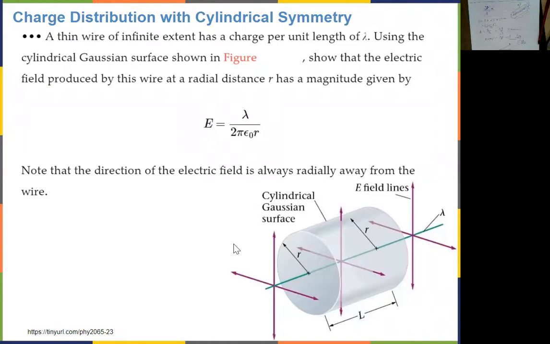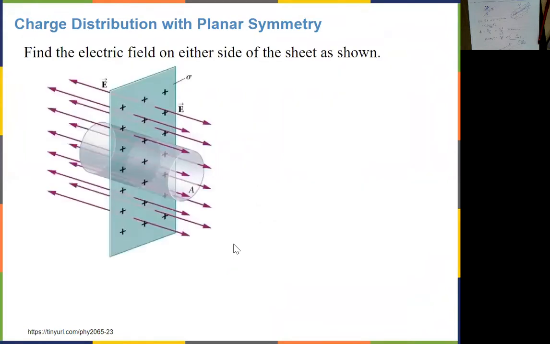Okay, so this is for linear charge distribution. If you have a surface charge distribution, then what will be the electric field there? Okay, so let's take a look at this one here. This one says on the green sheet here, you have uniform charge distribution. So sigma will be the surface charge density. Okay, then what will be the E field on both sides of the sheet?